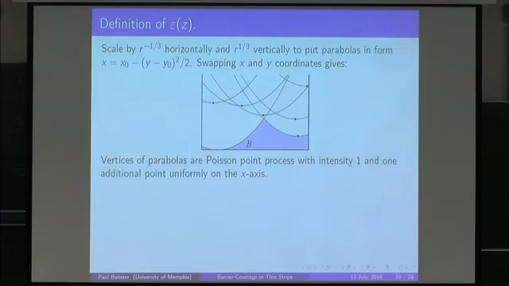Now that sounds strange, but the reason is that if you do this, the intensity of the Poisson point process stays the same, because the areas stay the same. And all the parabolas have now been put into a nice simple form. They're all just x equals y squared. I made it y squared over 2 for convenience, but they're all of the same form.